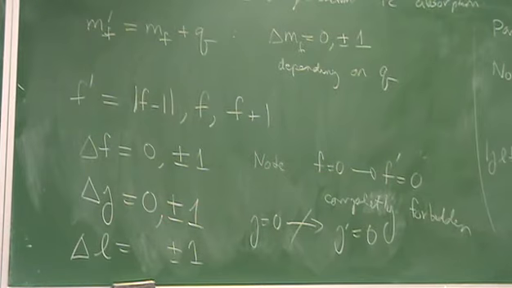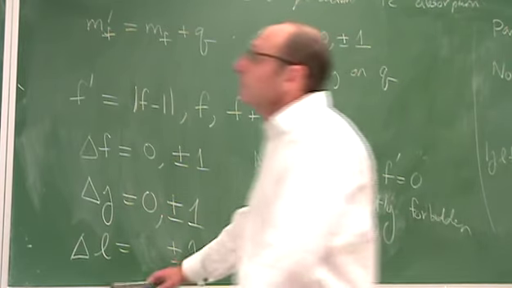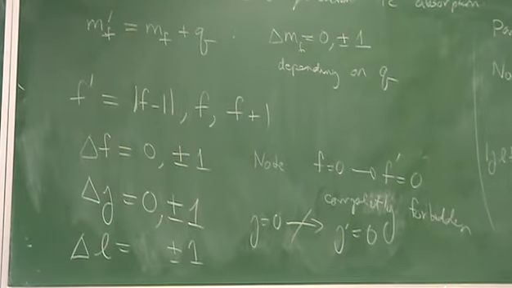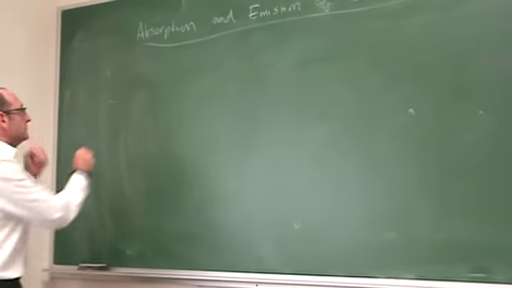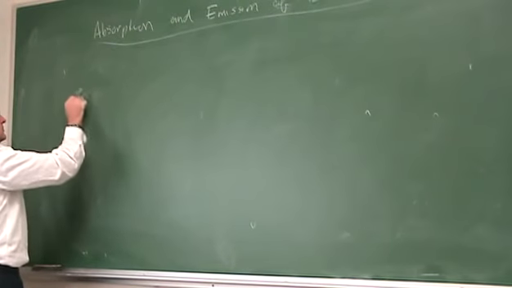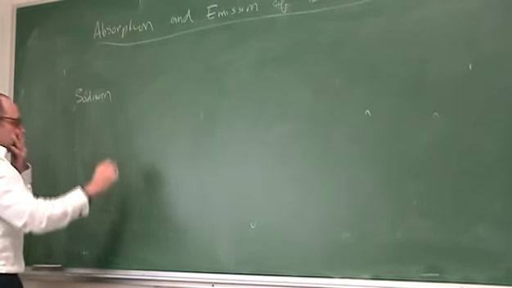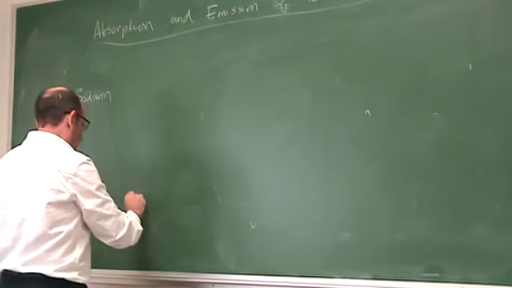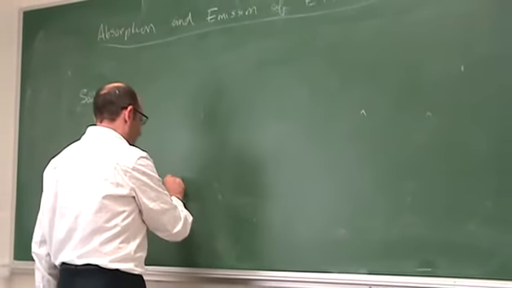So, based on parity and rotation symmetry, we have selection rules for electric dipole transition. For example, let's look at sodium again. We had the 3s1/2 ground state, which had hyperfine structure.